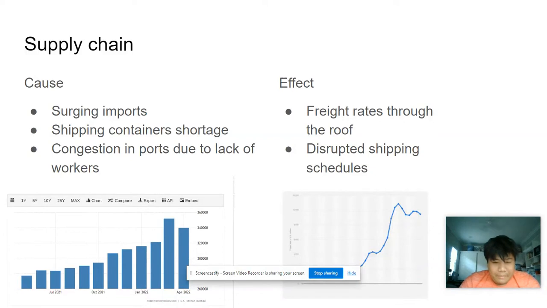Next, we have supply chain. I think everyone has at least heard of the supply chain issues, but this is mainly caused by the COVID-19 pandemic and the overwhelmed shipping industry. If you look at the data, the overall imports of U.S. goods have been steadily increasing, peaking around March due in large part to the surging consumer demand. This increasing demand has caused numerous problems, one of which is port congestion.